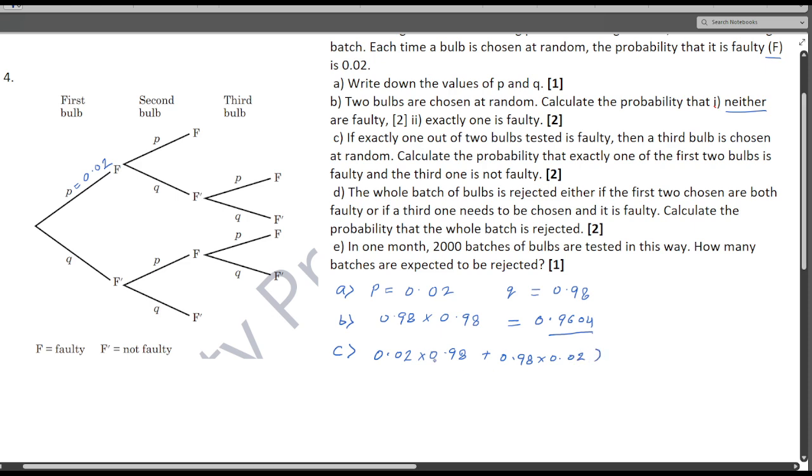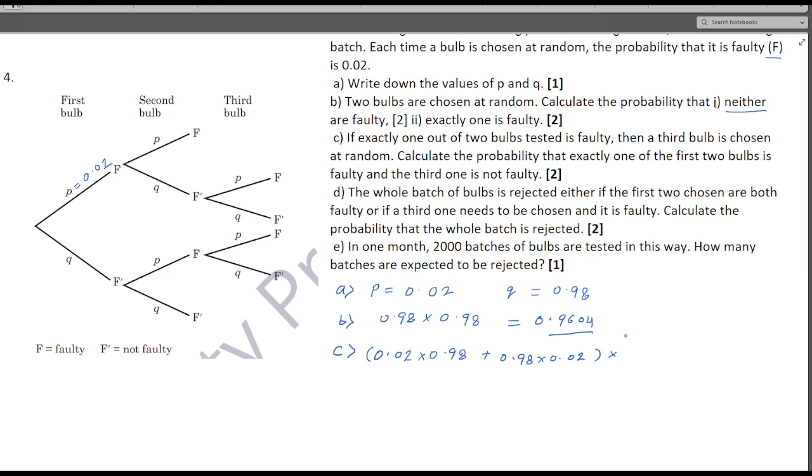So this gives you a condition that exactly one of the first 2 bulbs is faulty. Now, after knowing this, the third bulb, when I pick, what is the possibility that exactly one of the first 2 bulbs is faulty and the third one is not faulty.